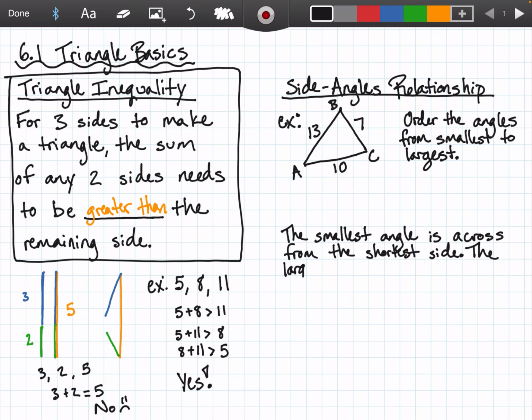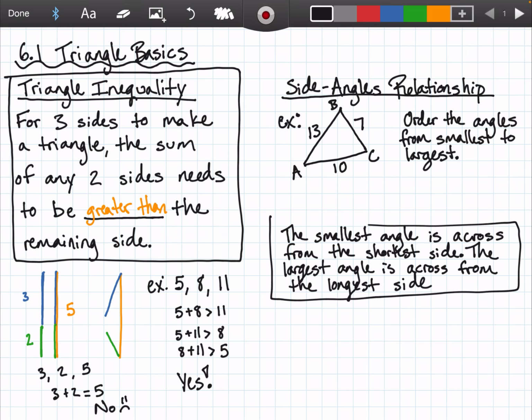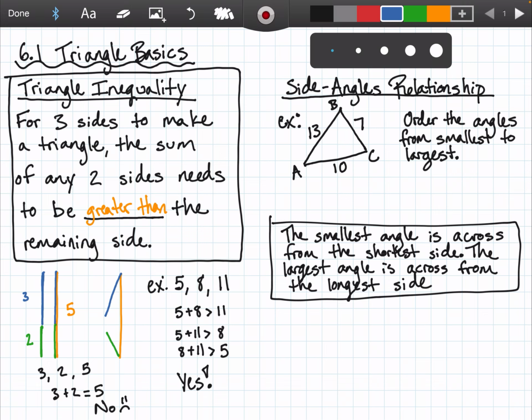And that means the largest angle is across from the longest side. So if I was to order these side lengths, smallest to largest, well, here's my smallest side, which means that the smallest side is across from the smallest angle.